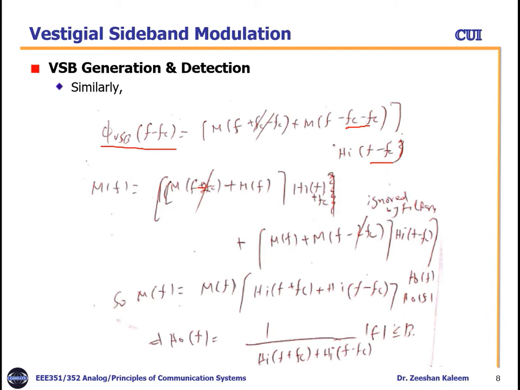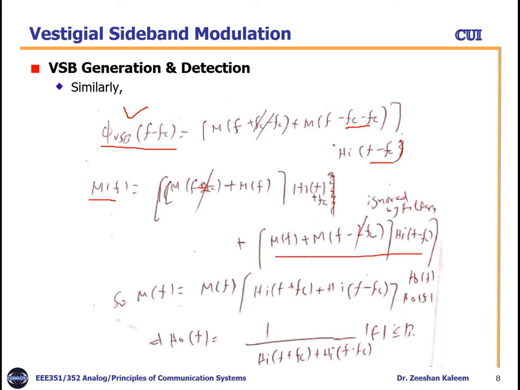And then as we are passing through the low pass filter, we will ignore the high frequency term. Now put these values φVSB(f − fc), and on the previous slide we calculated φVSB(f + fc) in the M(f) term. So after putting this, we will get an equation something like that.